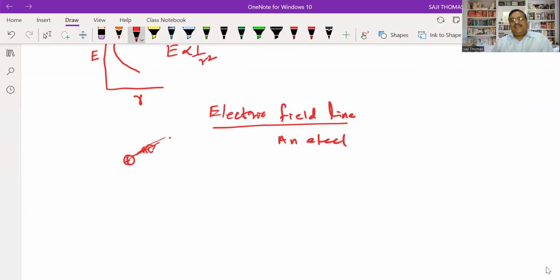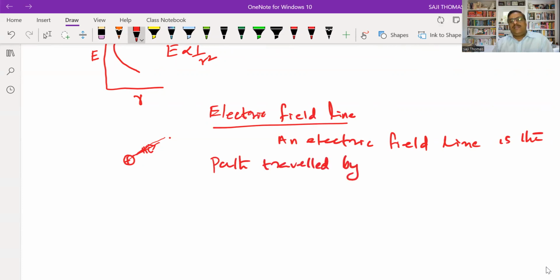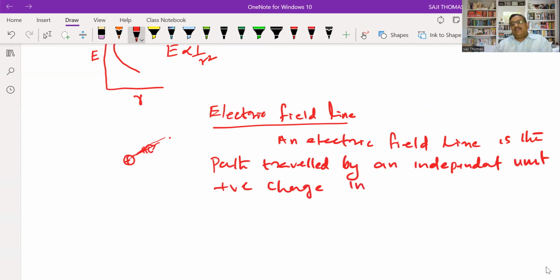An electric field line is the path traveled by an independent unit positive charge in an electric field. So these lines can be straight or curved.